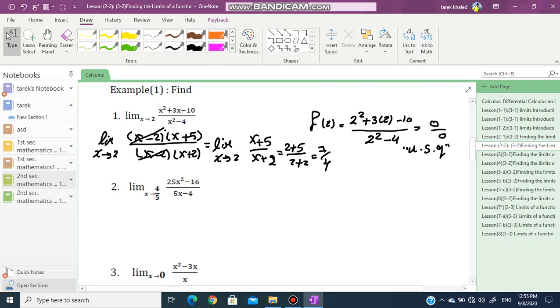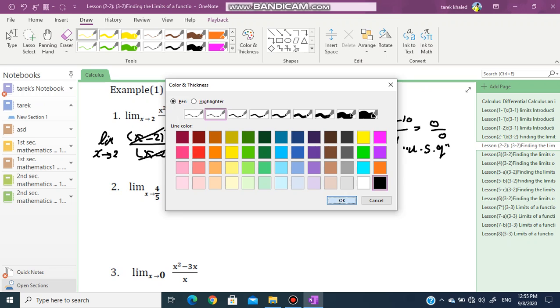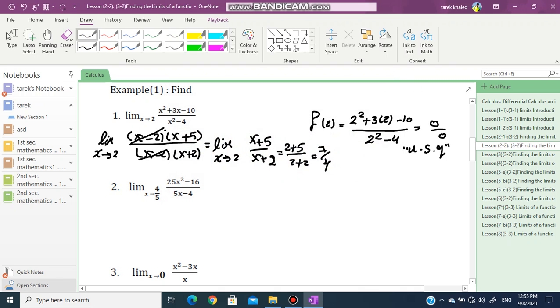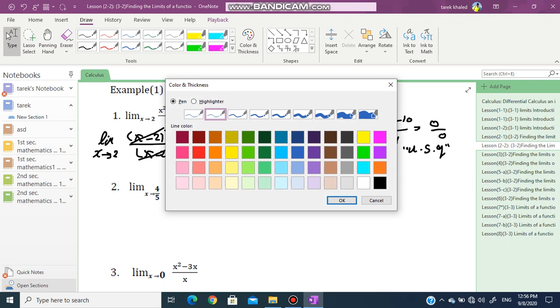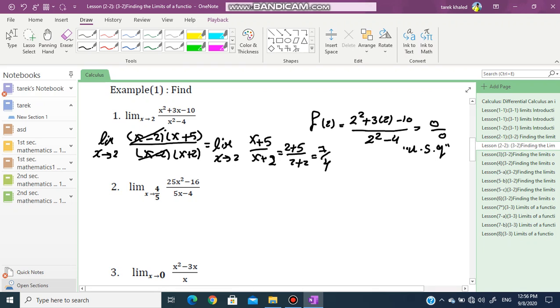The first step, I will substitute for x, so the value of x will be 4/5. So f(4/5) will be 25 times (4/5)^2 - 16 over 5 times 4/5 - 4.